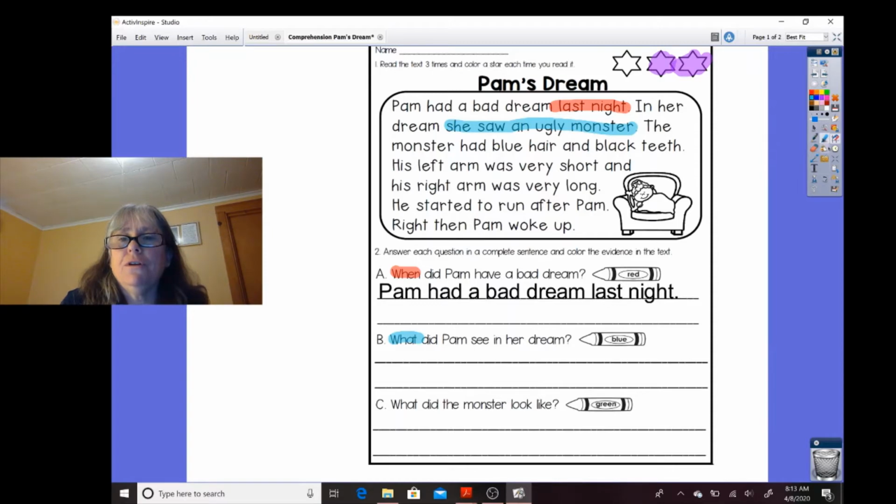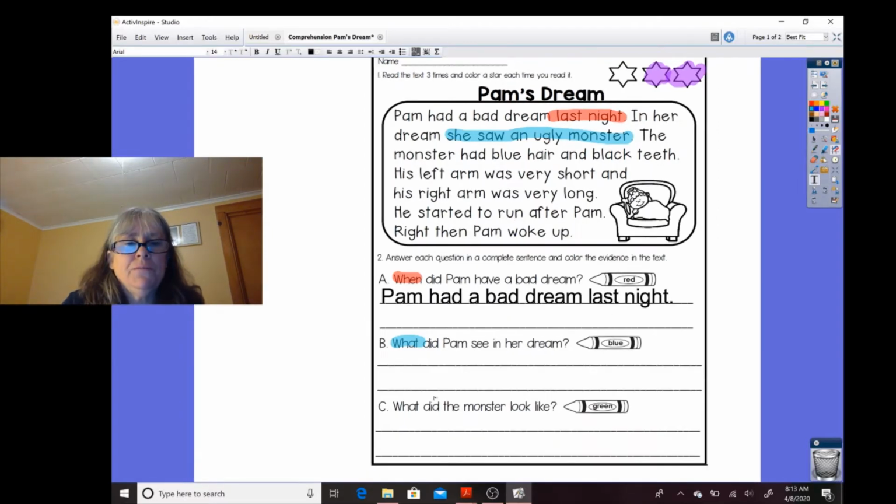All right, good. So I'm going to come back down here, and we're going to write it down here, and I'm going to say Pam saw an ugly, that's silly, ugly monster. And I can check my spelling here.